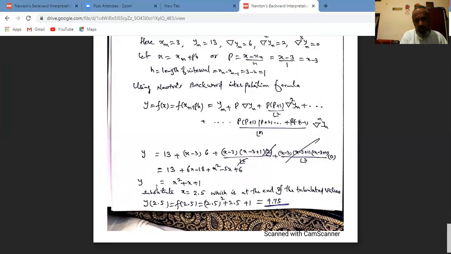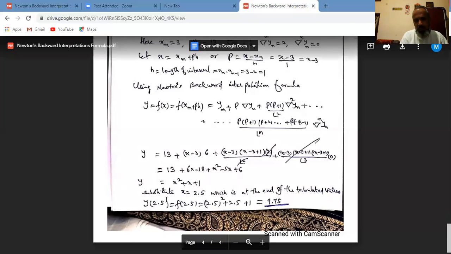Now again, it is given to determine the value of the function at x is equal to 2.5. So how to determine? In the obtained Newton's backward interpolation formula, y is equal to x square plus x plus 1, we have to substitute 2.5, which is at the end of the tabulated values. That's why we are using Newton's backward interpolation formula.